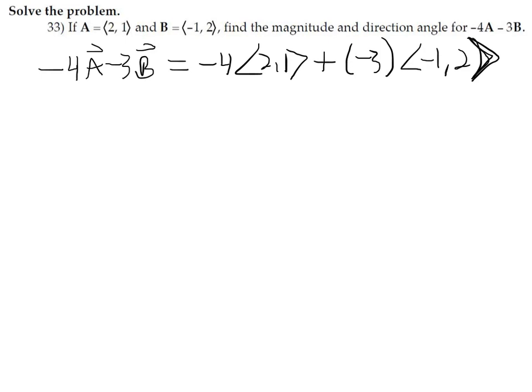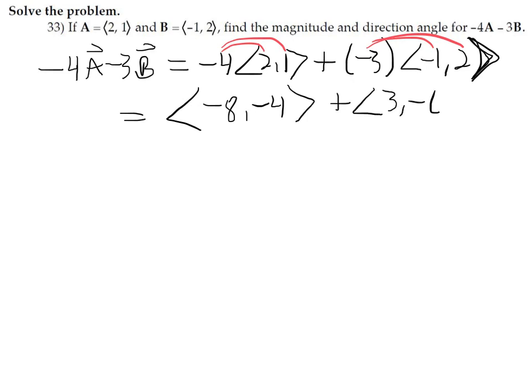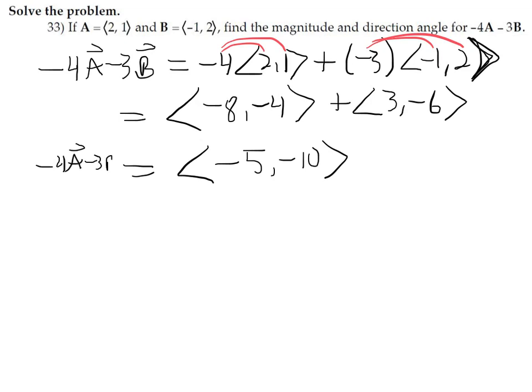We are now going to distribute the negative 4 into the a vector and the negative 3 into the b vector, and we get the vector negative 8, negative 4 plus the vector 3, negative 6. And those add up nicely. That is negative 5, negative 10. So this is negative 4a vector minus 3b vector in component form. Negative 5, negative 10.